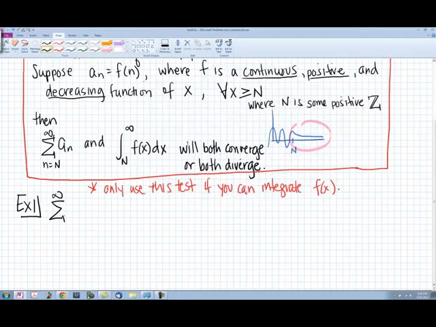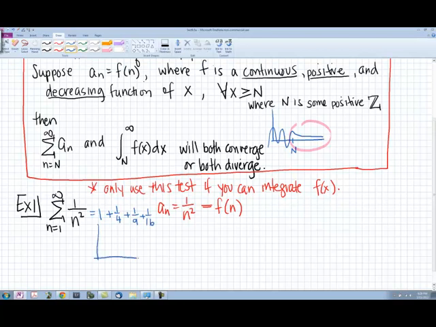I want to prove the convergence or divergence of this series, 1 over n squared. I'm going to consider a sub n, which is my 1 over n squared, and I'm going to let that be my function, f of n. Now again, why are these different? Because in reality, this series is really only 1 plus 1/4 plus 1/9 plus 1/16.